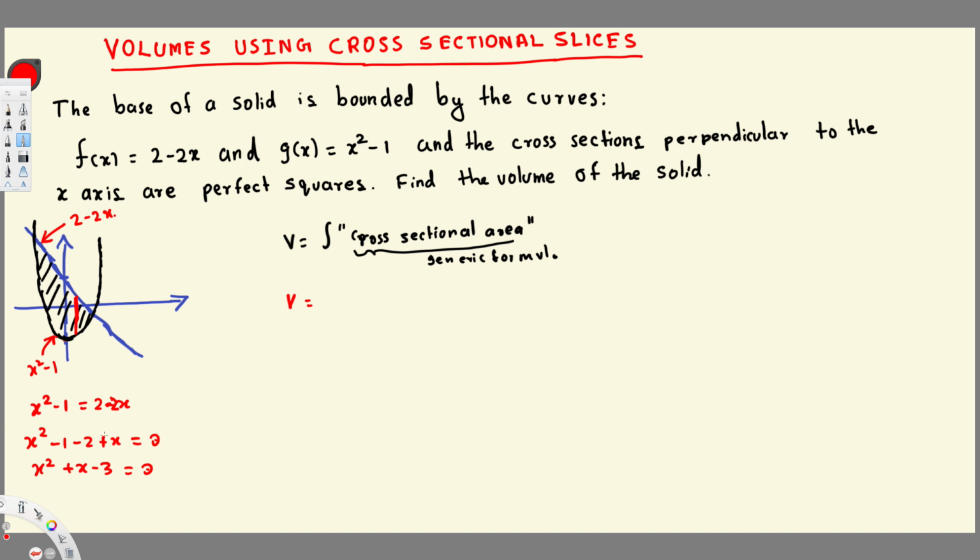So plus 3 minus 1 will work. We can separate this as x squared plus 3x minus 1x minus 3 equals 0. If we factor this, it is x plus 3 times x minus 1 equals 0. Therefore, the x values are plus 1 and minus 3.